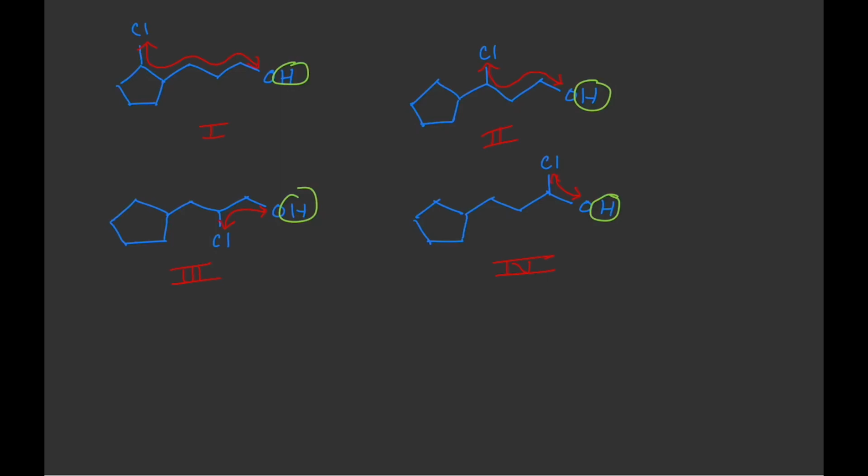So if we were to order them in the correct order for acidity, we'll say 1 is less acidic than 2, which is less acidic than 3, and finally less acidic than 4.